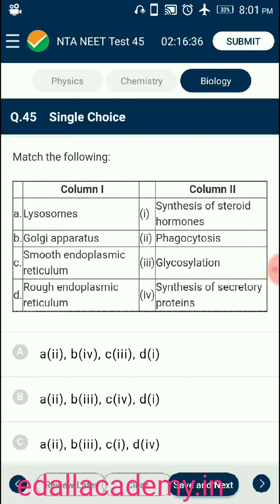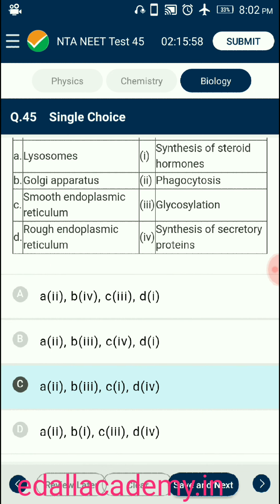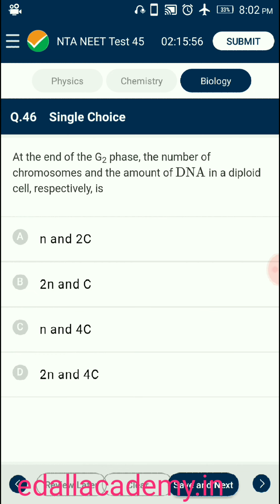Smooth endoplasmic reticulum, synthesis of steroid hormones, for example glucocorticoids, mineralocorticoids, androgens, estrogen and progestogen. Rough endoplasmic reticulum, synthesis of secretory protein. A secretory protein is any protein, whether endocrine or exocrine, which is secreted by a cell. Secretory proteins include many hormones, enzymes, toxins and antimicrobial peptides. So the answer for this question is option C.